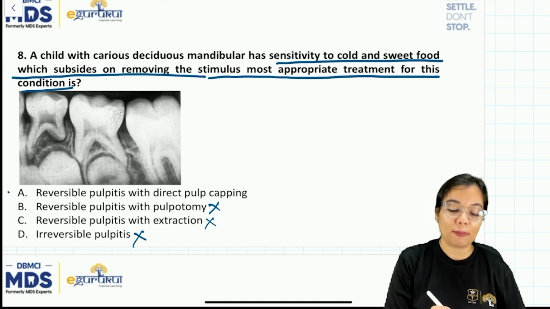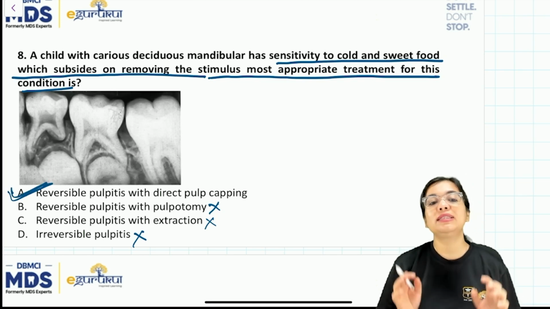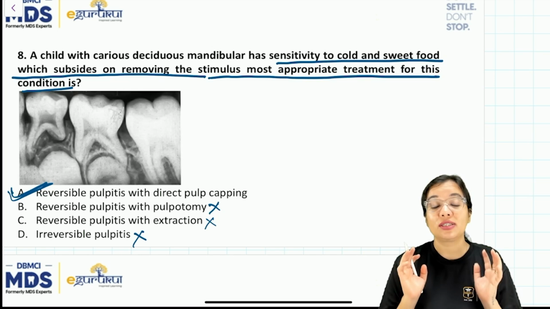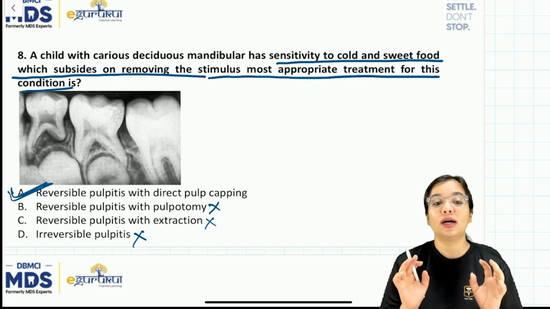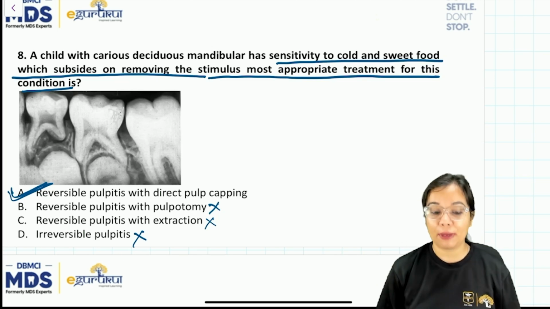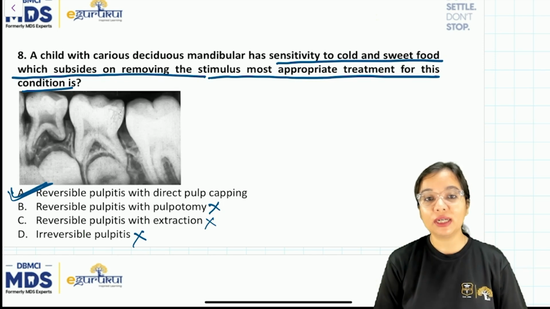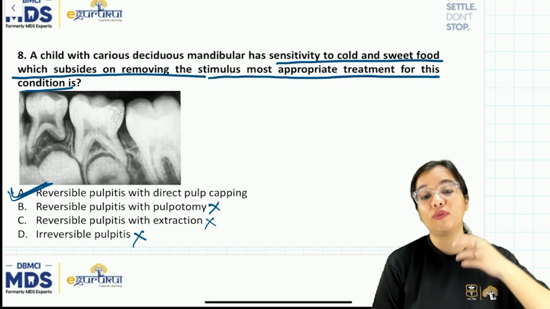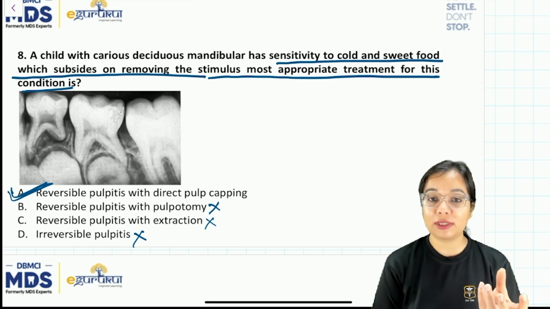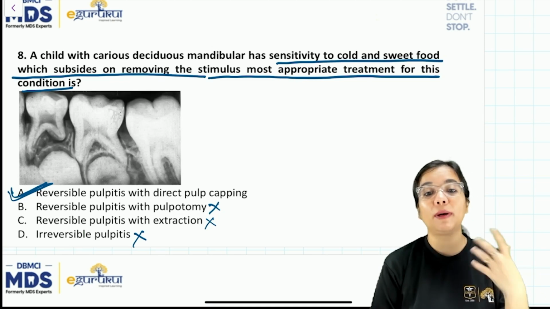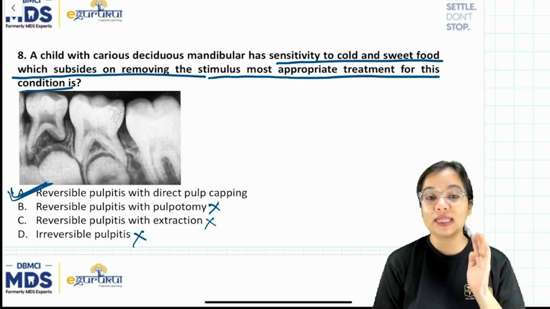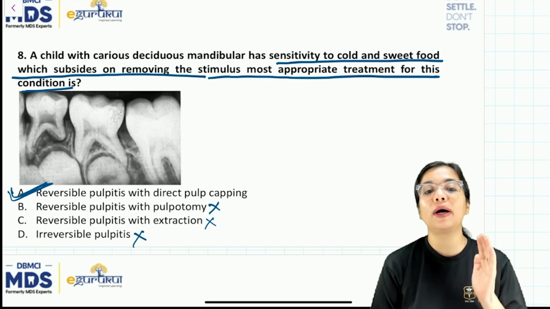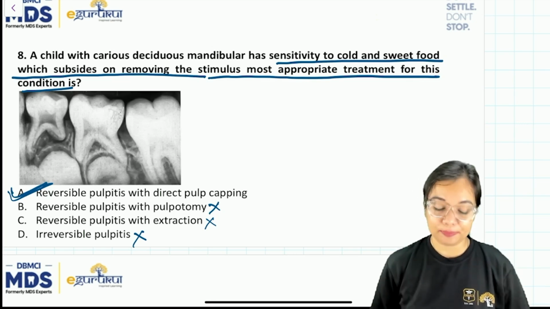Doing a direct pulp capping is enough, and hence the answer becomes A, that is reversible pulpitis with direct pulp capping. Okay, so this is pretty clear. If there is pain and the pain subsides on removal of stimulus, that means the coronal pulp is inflamed, and then you'll have to go for a pulpotomy. But there is just sensitivity, so that will do by just direct pulp capping.